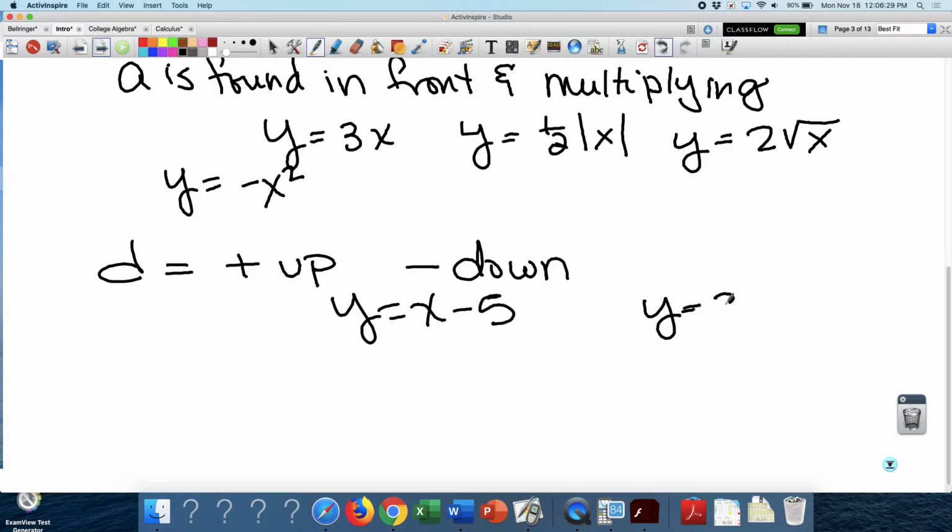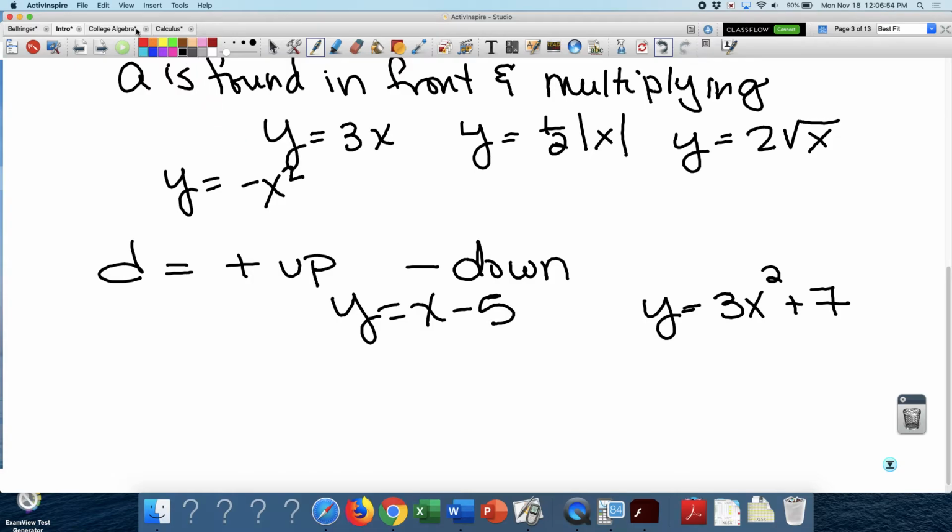So y equals 3x squared plus 7. There are no grouping symbols here. So you're going to vertically stretch it by 3 and then go up 7. That's correct. Can that be the hardest problem we put on the test? B is going to be the hardest one for you.